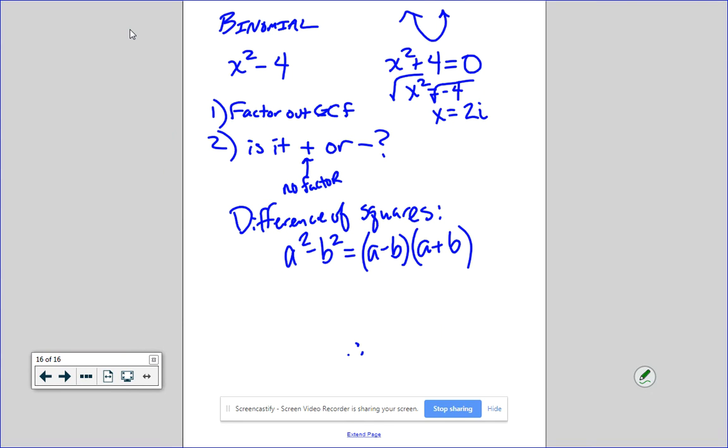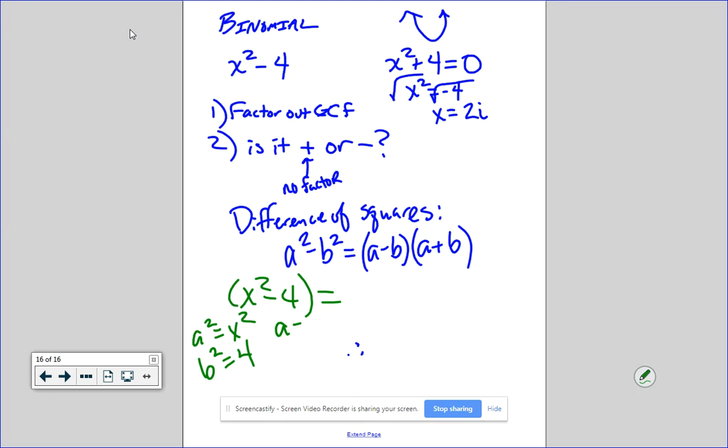So, if I have x squared minus 4, and I want to factor that, what is my a going to be here? x. And what is b? Okay, so a squared is x squared. b squared is 4.